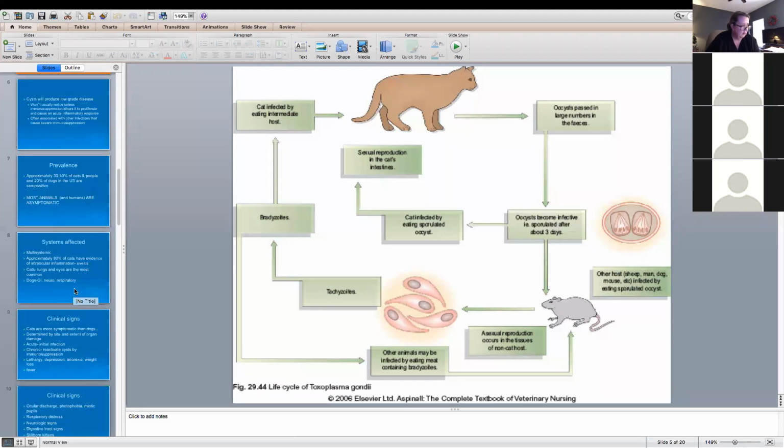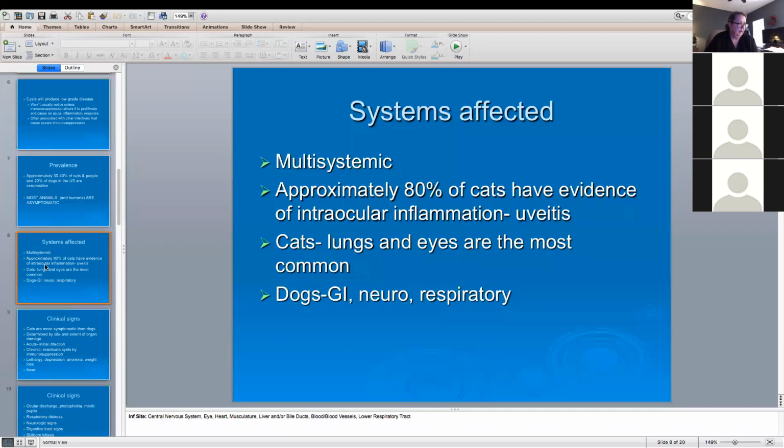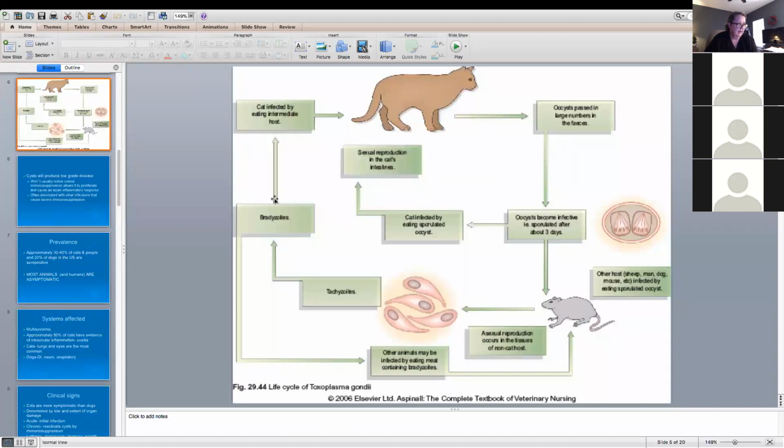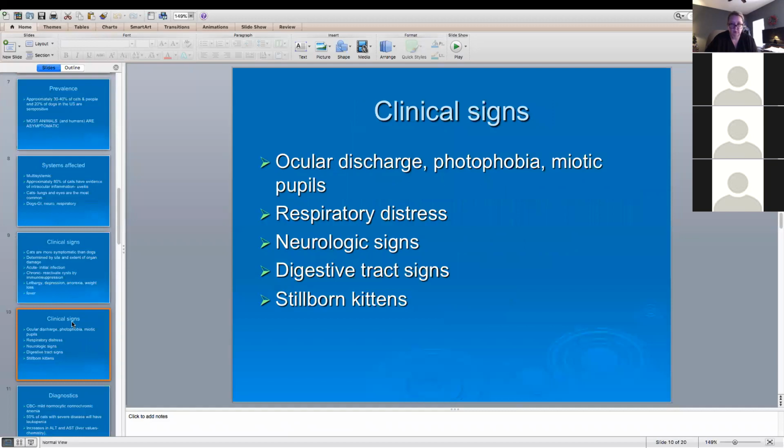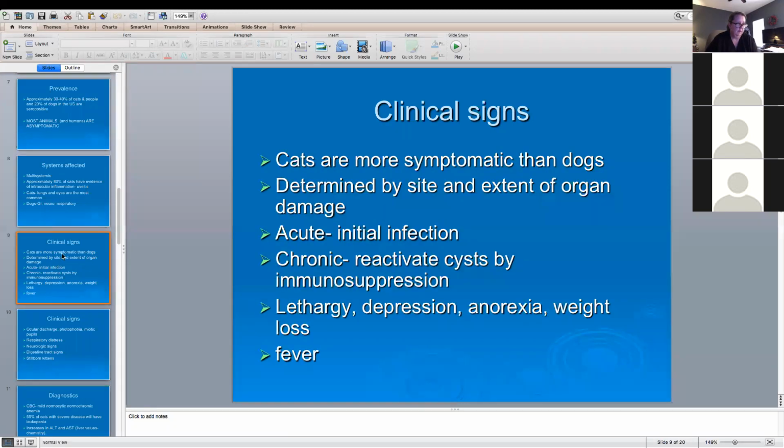Now, I could have put 5 million questions on this study guide, but the big thing that happens is that these cysts can form in the muscles. As the toxoplasmosis travels through the tissues, they can form these cysts, and that's what causes some of the clinical signs. It can affect the ocular tissues, so you can get some uveitis, some photophobia, things of that nature.